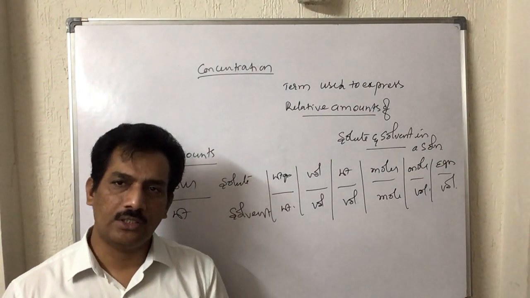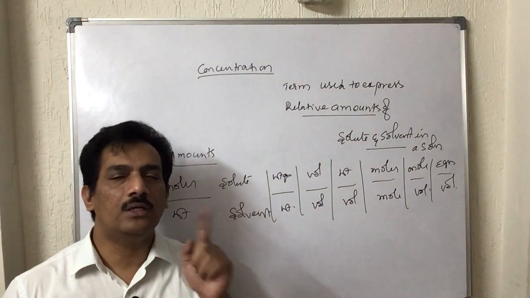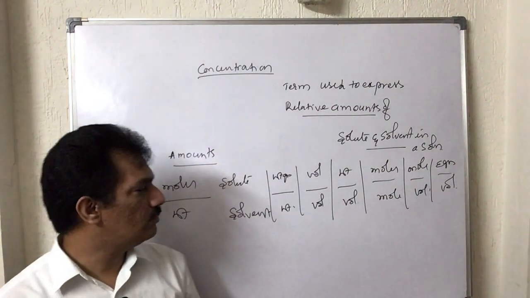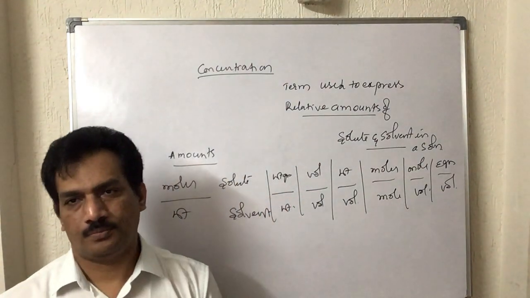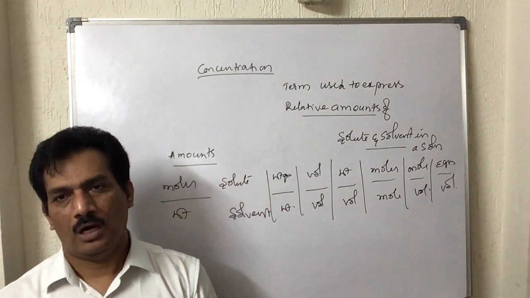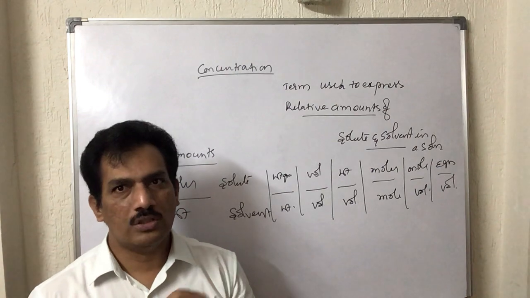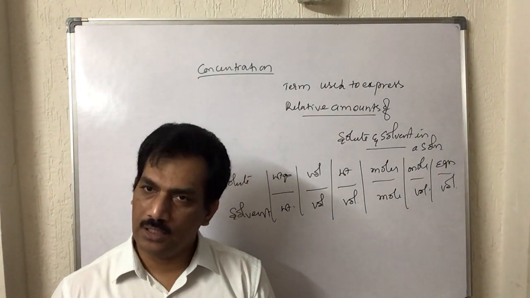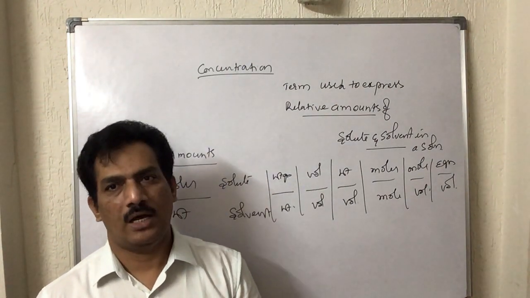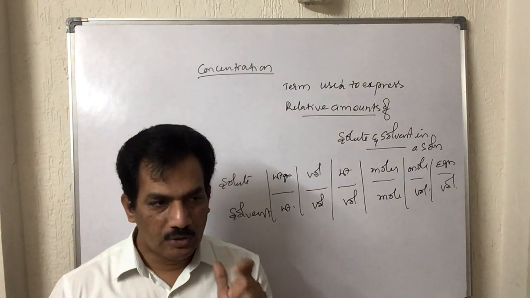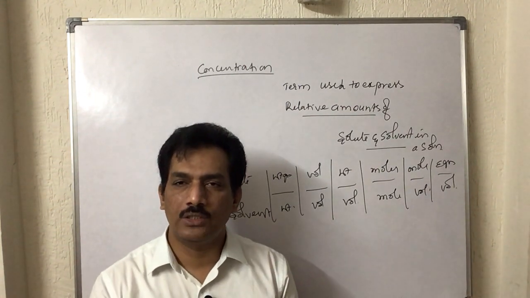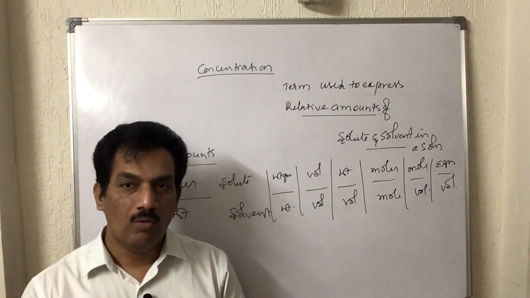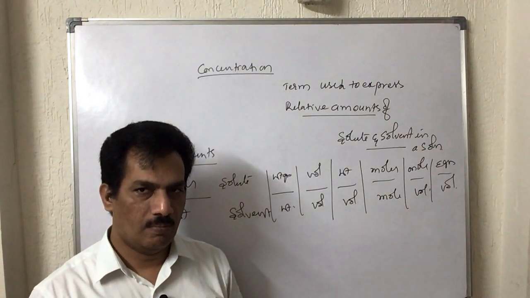Molarity is a concentration term, but once we learn that molarity is nothing but solute in moles and solution in volume, in liters, we can consider it as molarity. Actually, after learning, we are using it in a reverse manner. Clear?